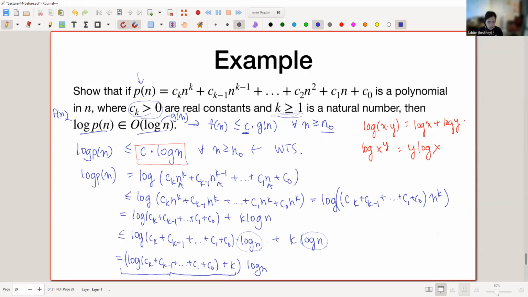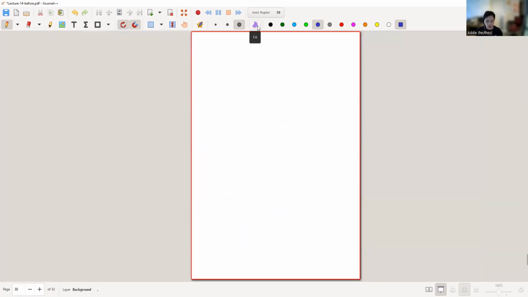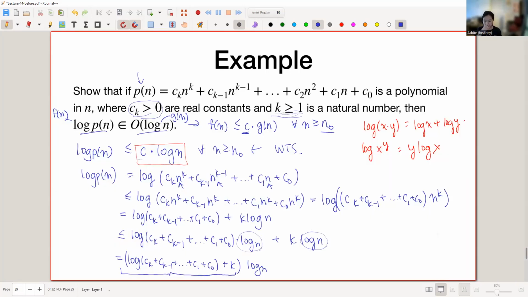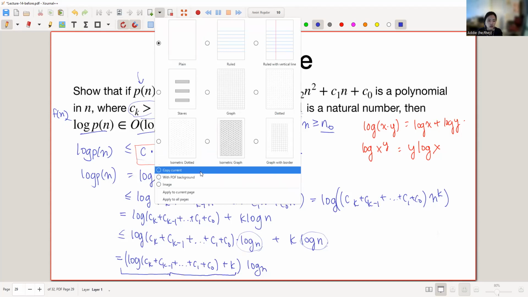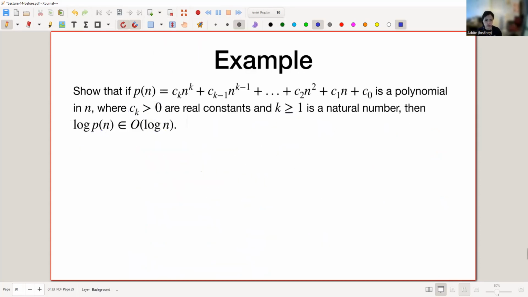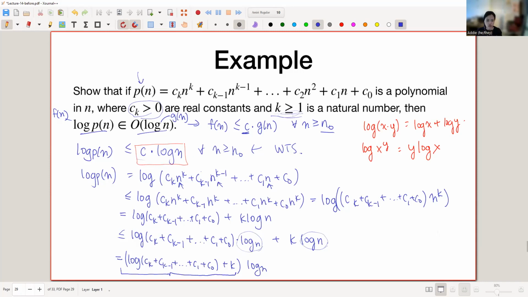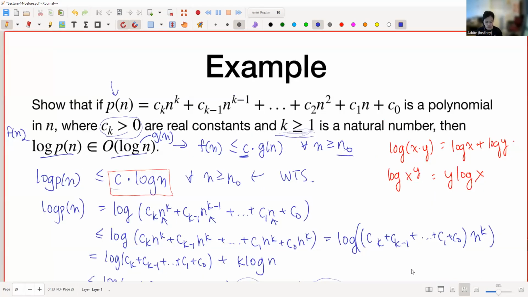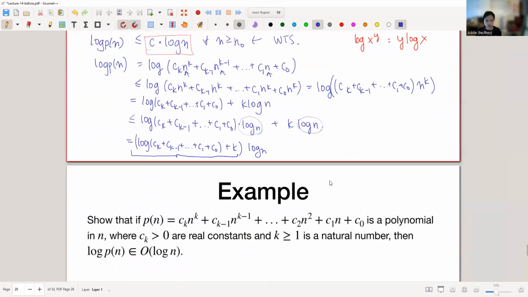So our value for c is going to be log of (c_k plus c_{k-1}, etc., all the way to c_0) plus k.